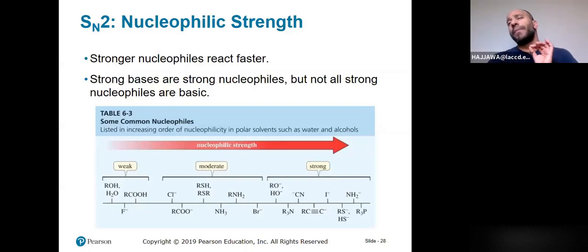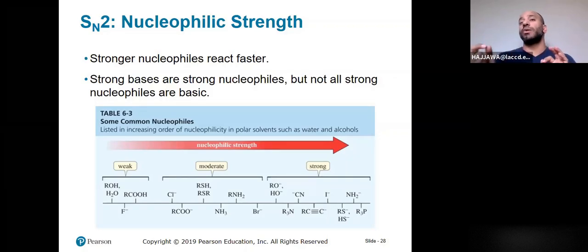This tells us the ranking of nucleophiles. And it's very important that we differentiate between nucleophilicity and basicity. I mentioned this previously. All strong bases are strong nucleophiles, but not all strong nucleophiles are basic. And here's an example. I'm just going to use two. Phosphorus is the best nucleophile we can use in organic chemistry.